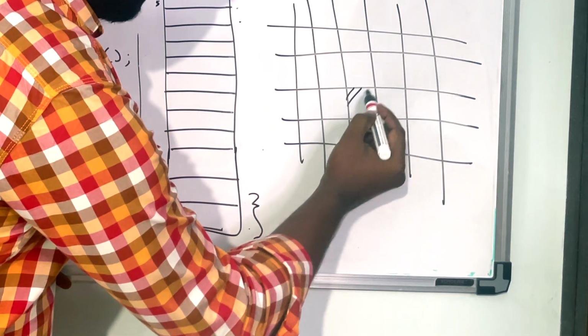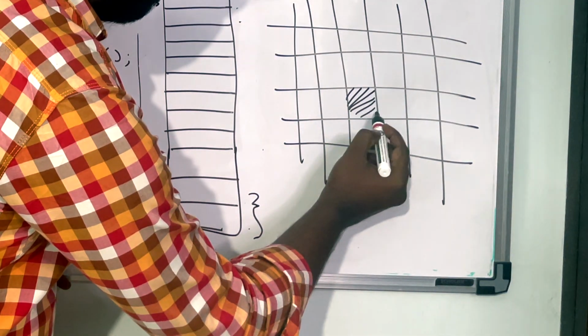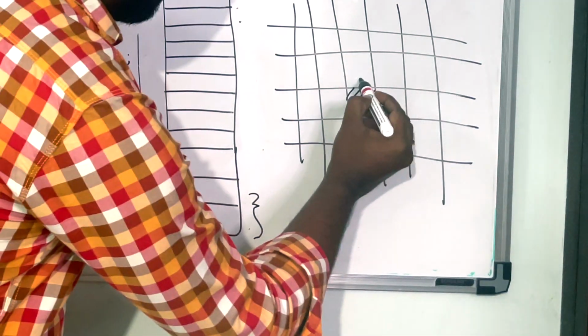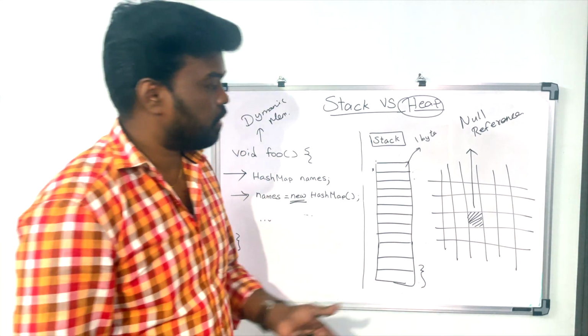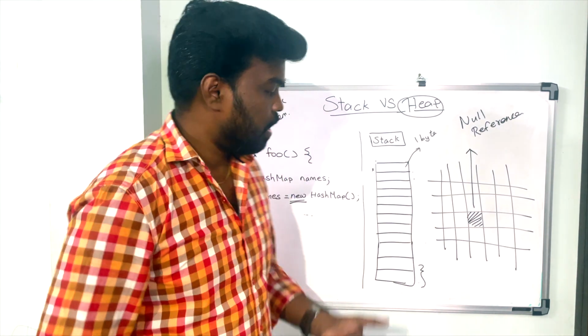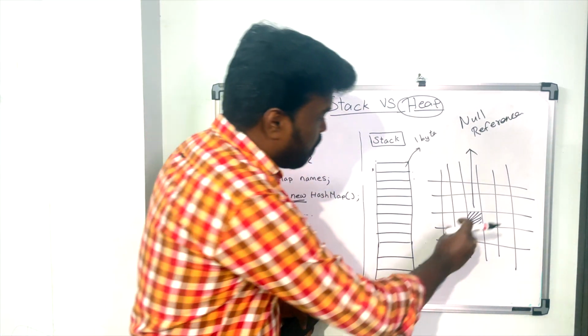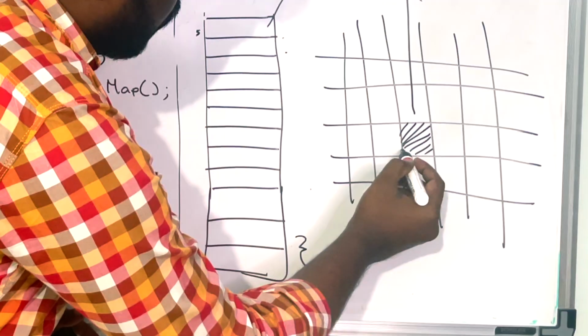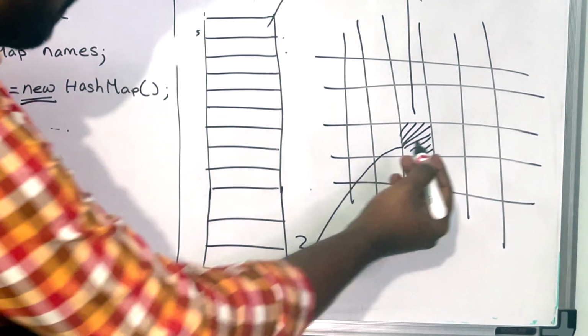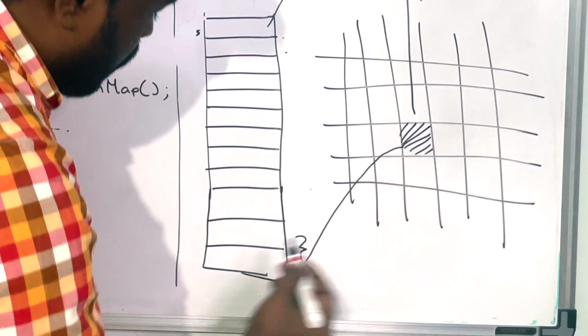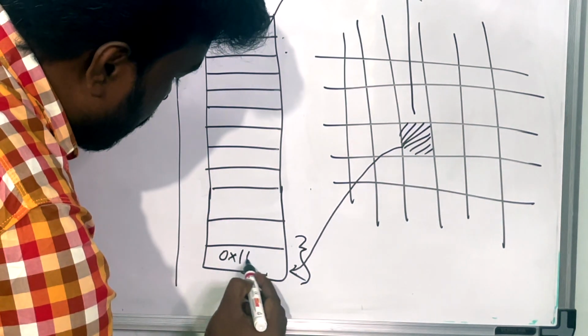It allocates randomly some piece of memory from the heap where it has enough opportunity to grow and shrink dynamically. So that's the major difference between the heap and the stack. Once that memory gets allocated, the address of that particular memory will be stored in the stack. Say the address of this particular memory is 1000 or something, so that will be stored in the stack.